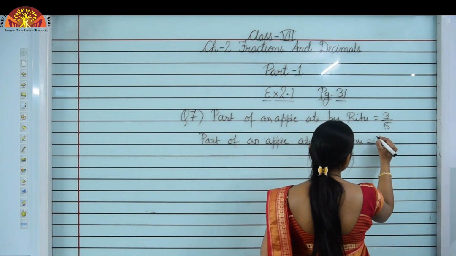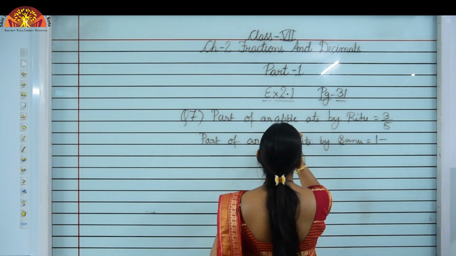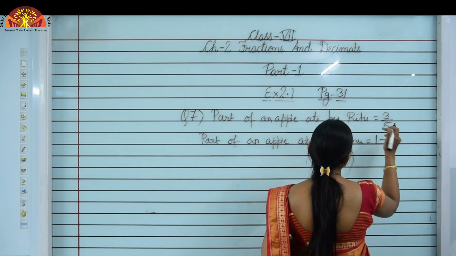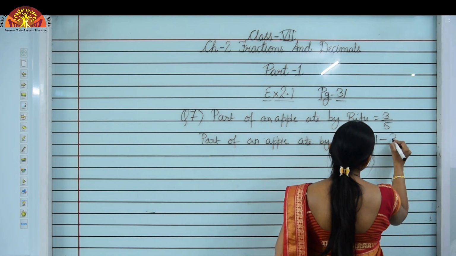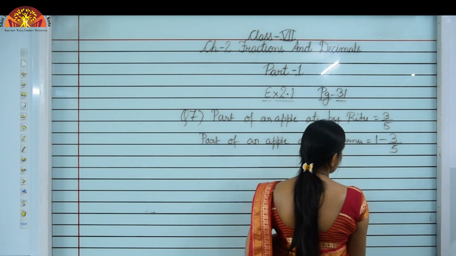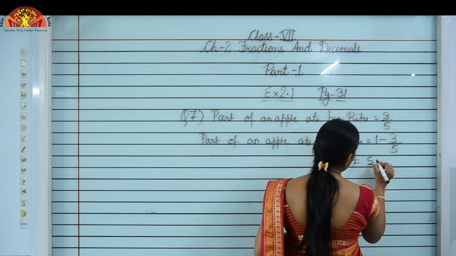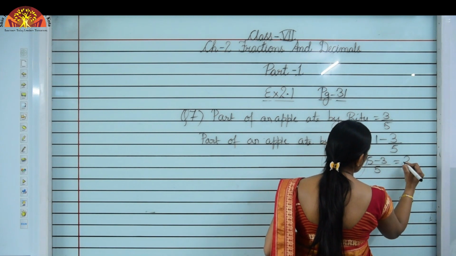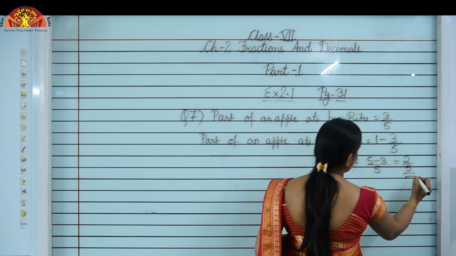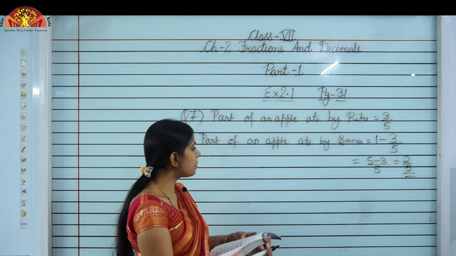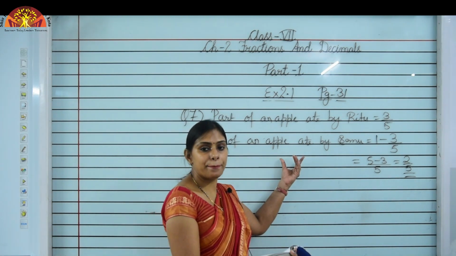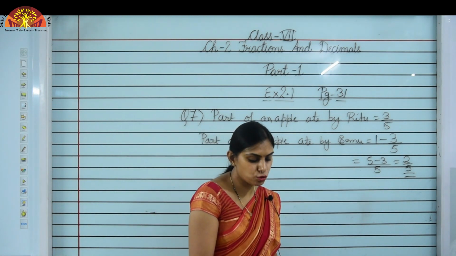So how much part is remaining? That is 1 minus the part of an apple eaten by Ritu, that is 3 upon 5. So 1 minus 3 upon 5. You can just take the LCM, that is 5 minus 3. So 2 upon 5. So the answer of the first part is, the part of apple eaten by Somu is equal to 2 upon 5.